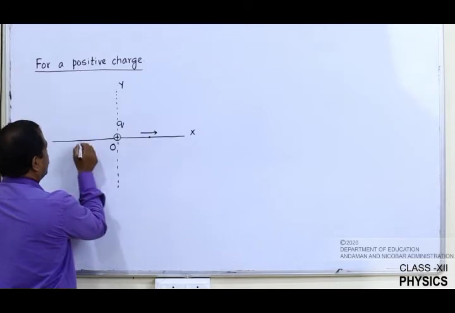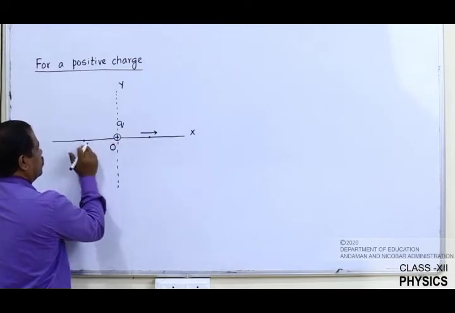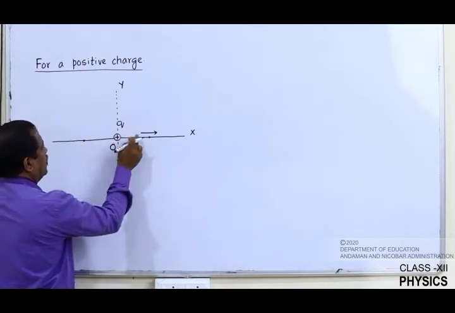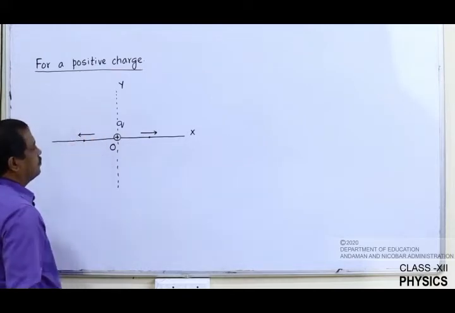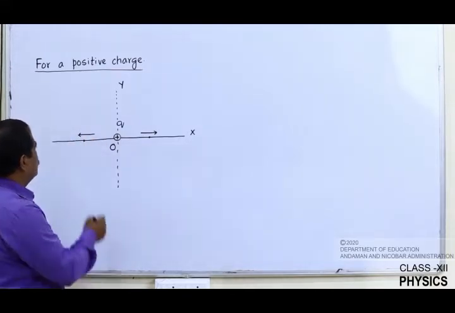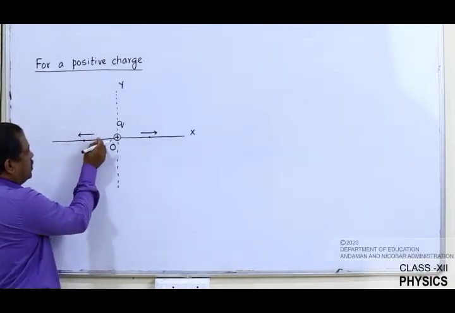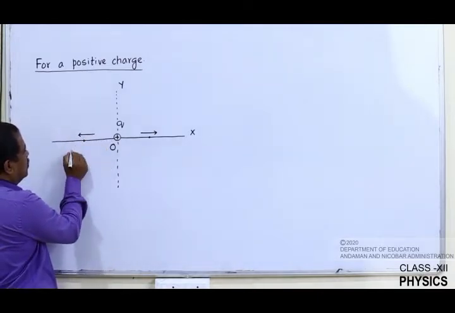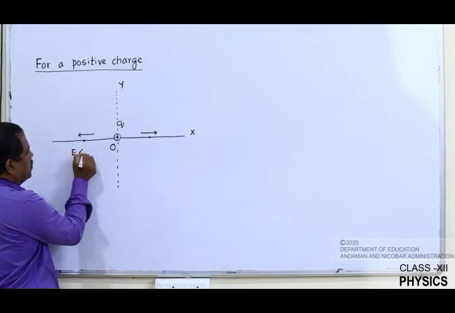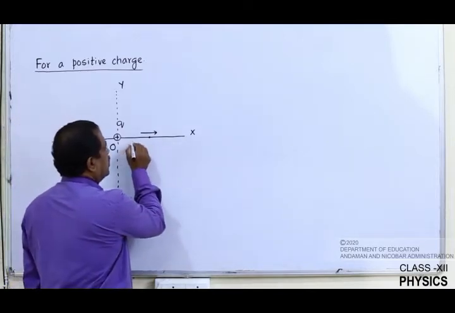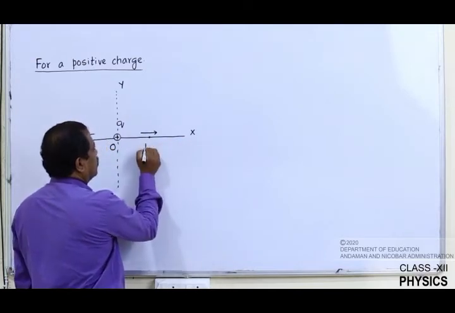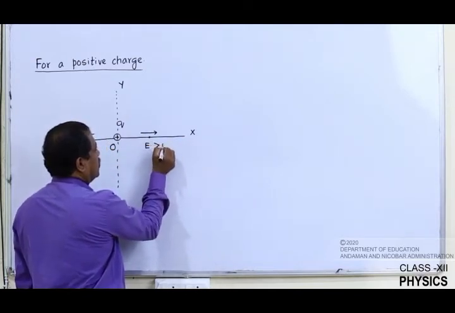Contrary to this, if I take a point on the left side of the origin, the direction of the electric field is pointing towards the negative direction. I assume that this is less than 0. And here, since the electric field is in the positive direction, I say greater than 0.